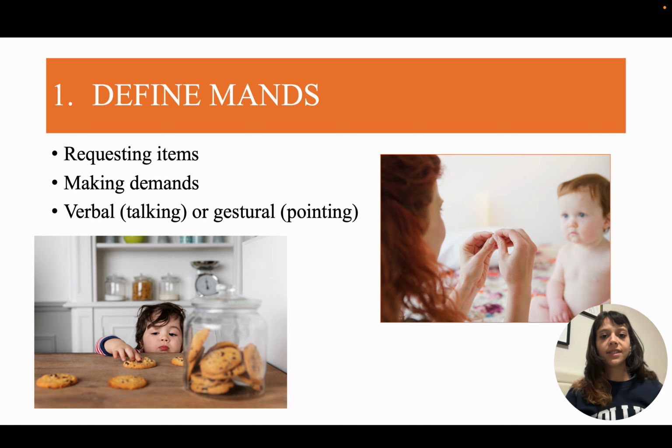The discriminative stimulus that evokes that response is different, right? For a mand to take place, the only SD necessary is the motivation for that item. So you're not asking the learner to do or say anything. They want water. They have motivation for water. Therefore, they're going to ask for the water.